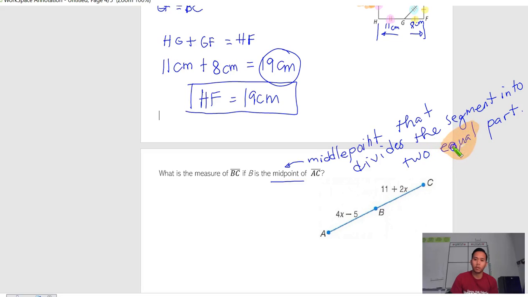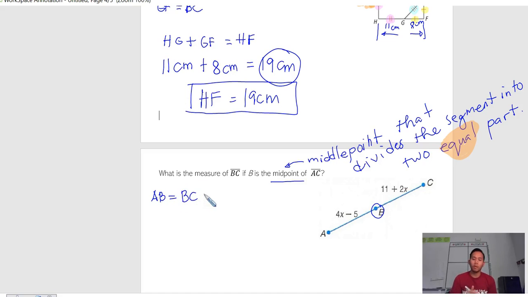The word is equal, meaning the measurements are the same. Thus, if B is the midpoint, therefore, AB is equal to BC.